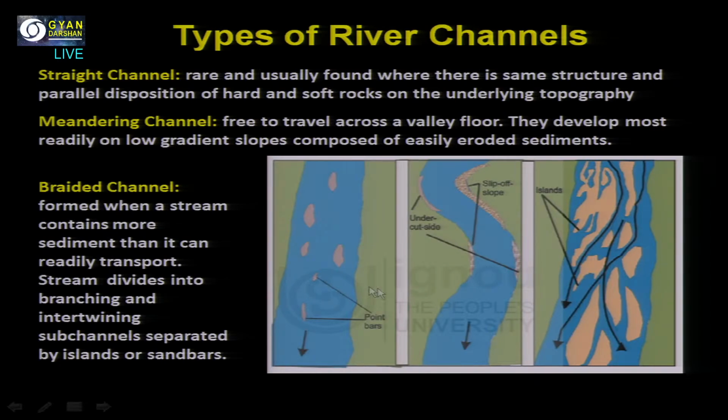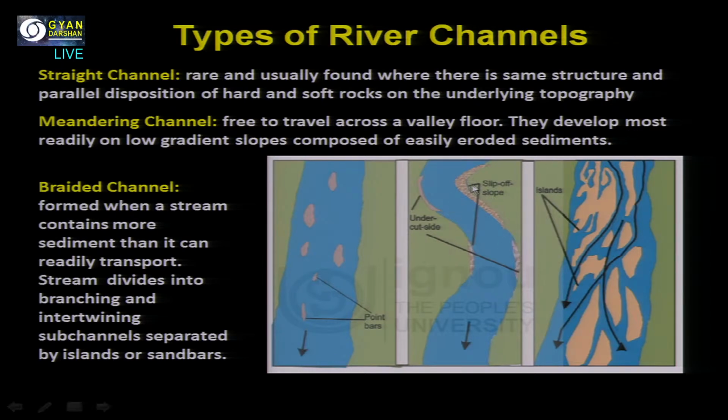This straight channel is very rare, and they are usually found where there is the same structure and parallel disposition of hard and soft rocks on the underlying topography. But you see this straight channel is rare, and in the middle here you can see the meandering channel.